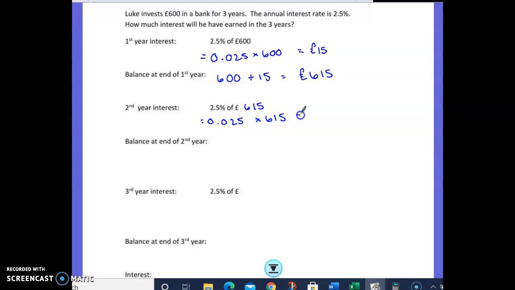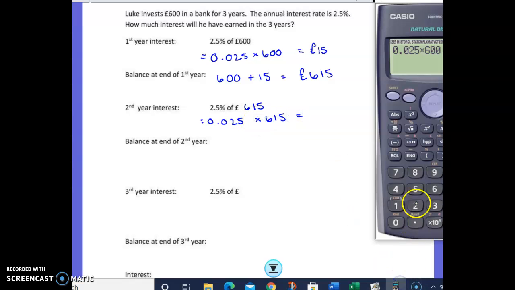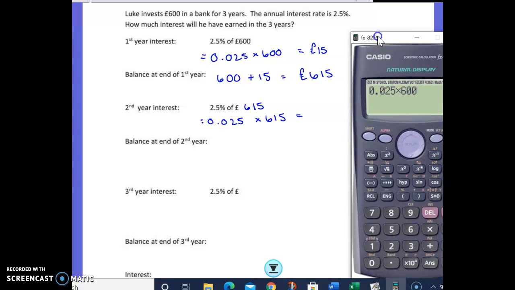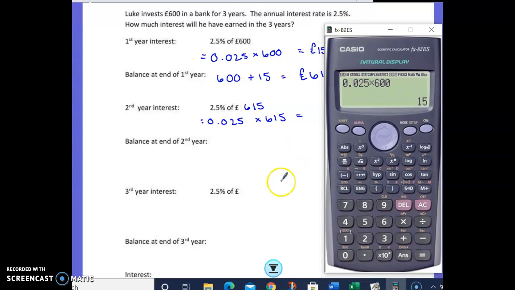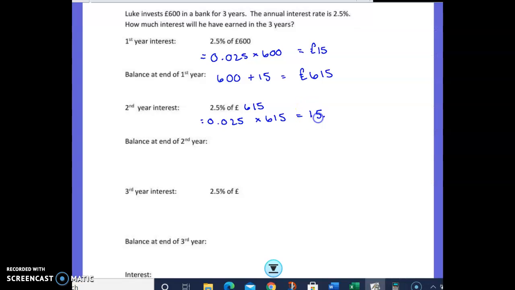That's all I'm doing when I'm getting that 0.025. That comes out as £15 and 38 pence. We're just going to use normal rules of rounding.